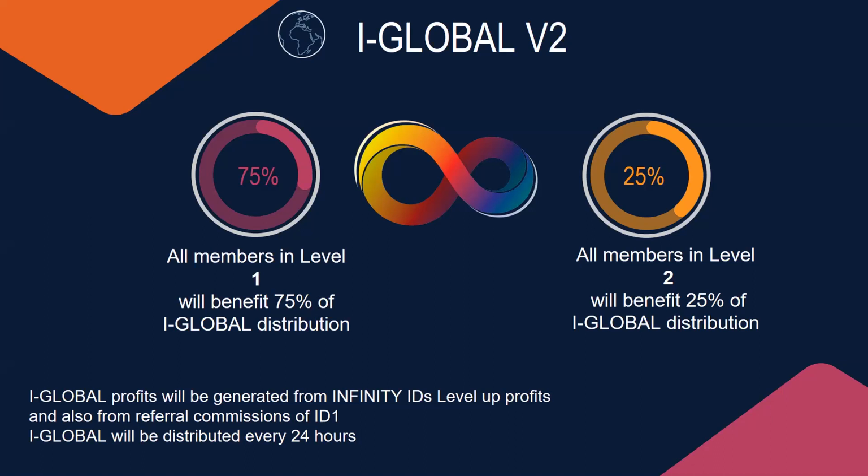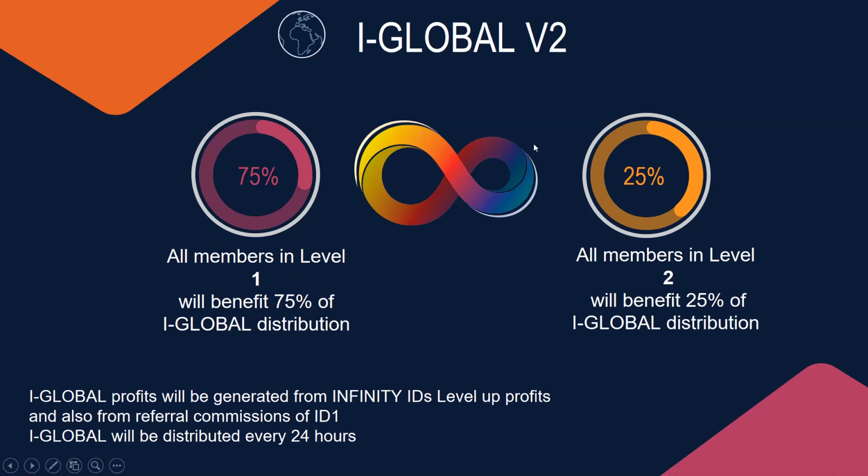The entire balance of iGlobal in Incomatrix, we were distributing it for every person on a smart contract. Here, we are making an exception. 75% of that pool within the last 24 hours will be given only to level 1 real IDs, the guys who still didn't earn anything.